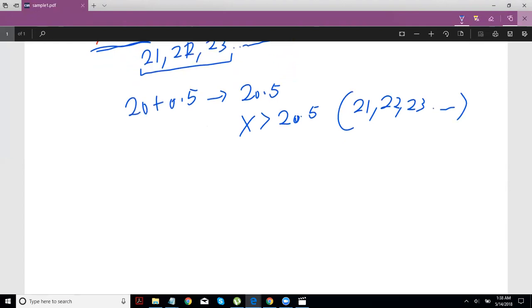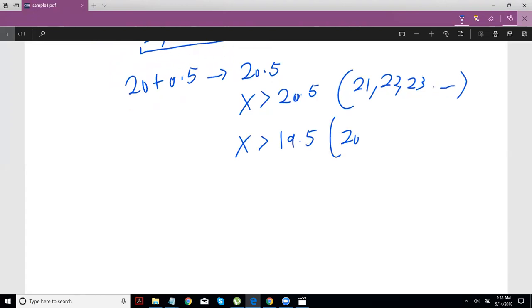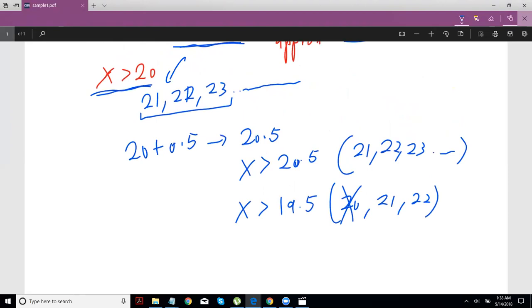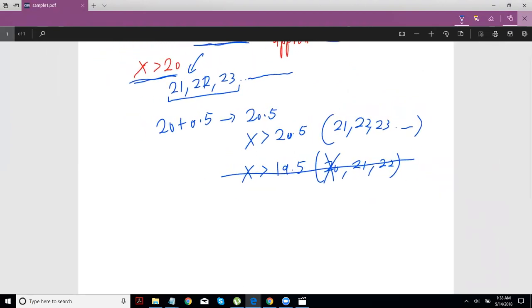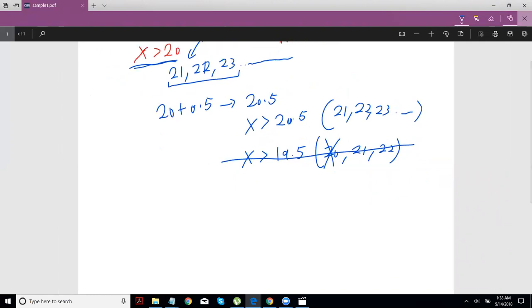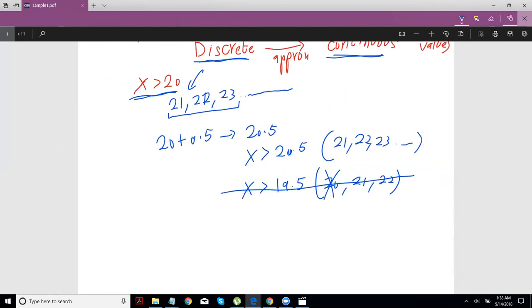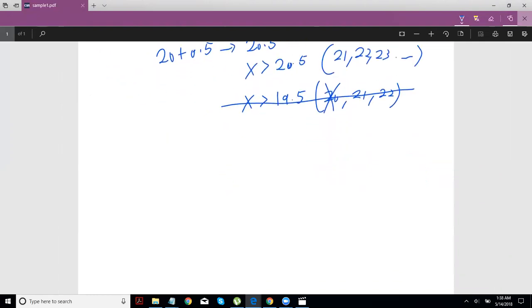If on the other hand I subtracted 0.5 and that gave me 19.5, then it wouldn't be the same, because it would be valid for 20 as well, and this wasn't there in the initial case, hence you wouldn't be subtracting. So that's one idea. And you can just flip it around if it's less than.